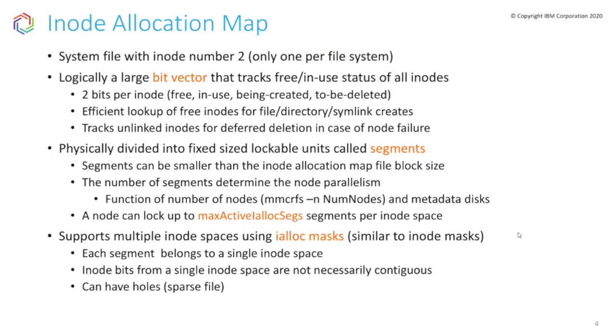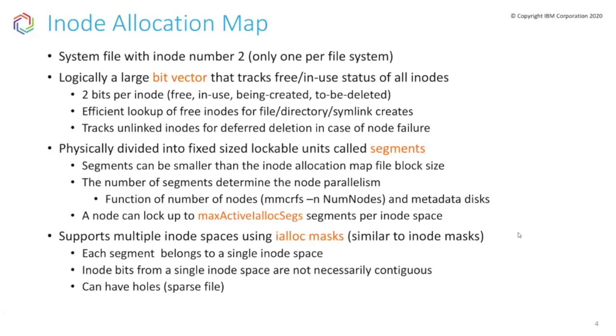One thing with the inode allocation map is that we are going to be referring to this allocation map from different nodes in the cluster when we are allocating files, which means that we need to ensure that there is a good amount of concurrency in this kind of lookup operation. Every lookup operation would need to lock a portion of the inode allocation map, and we want different nodes to be able to lock different portions so that they don't trip on each other and we get maximum parallelism.